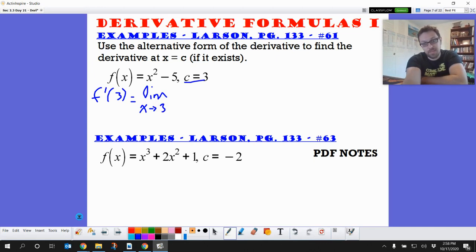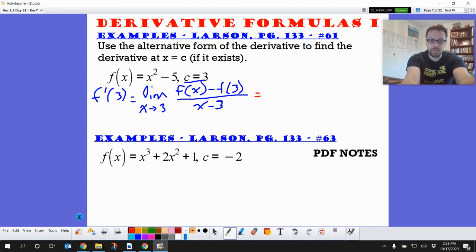Normally it would be x approaches c, but it told us our c value. It's 3. I want to do f of x minus f of c, which in this case is 3, over x minus c, but our c value, again, is 3.